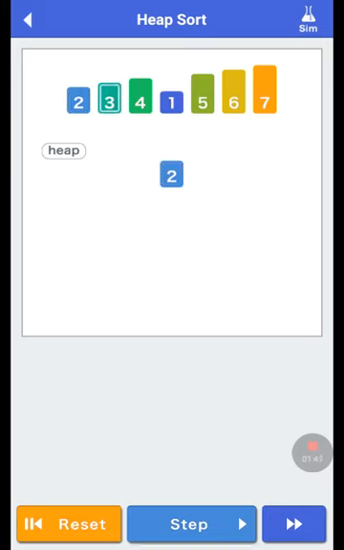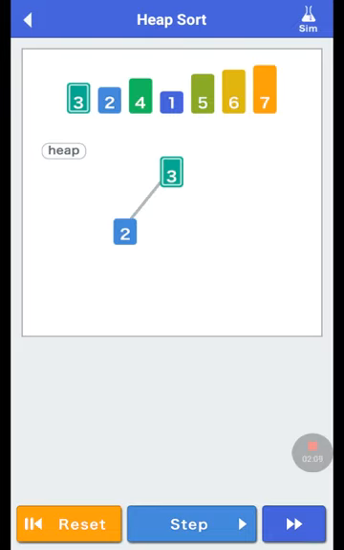So we read in 3 and we swap them. The parent should be bigger than its child. That is a property of the heap tree. Next, we read in 4. The free slot is on the right side of 3. We put 4 there as a right child of 3.